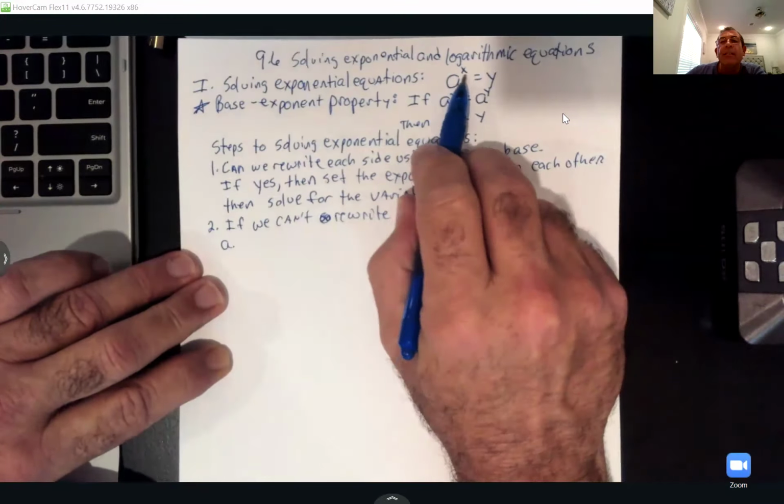Because remember, since these variables are up here as exponents, I need to bring them down so that I can solve for that variable. The way we bring an exponent down is by using the log of each side. So if I can't rewrite each side, I'm going to take the log or the ln of each side.